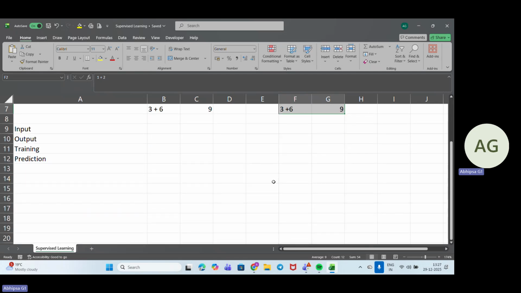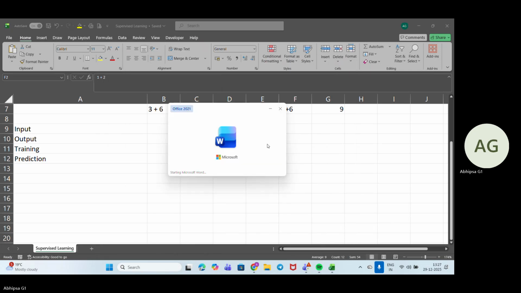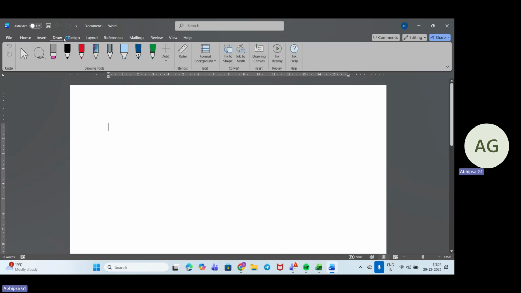Okay, let's go down to draw. Fine, so suppose this is my machine. Inside my machine, I am giving a specific input.